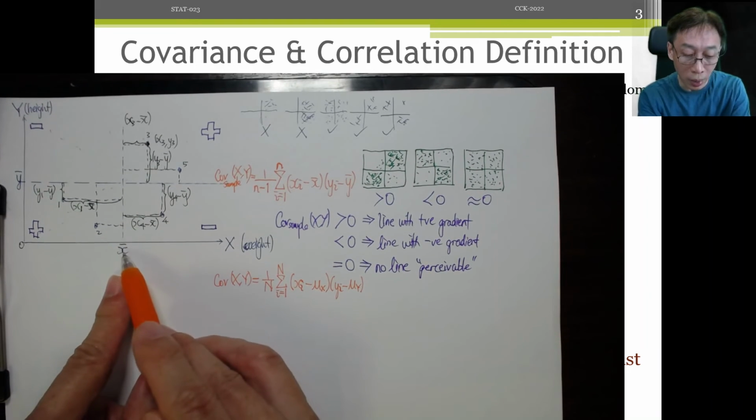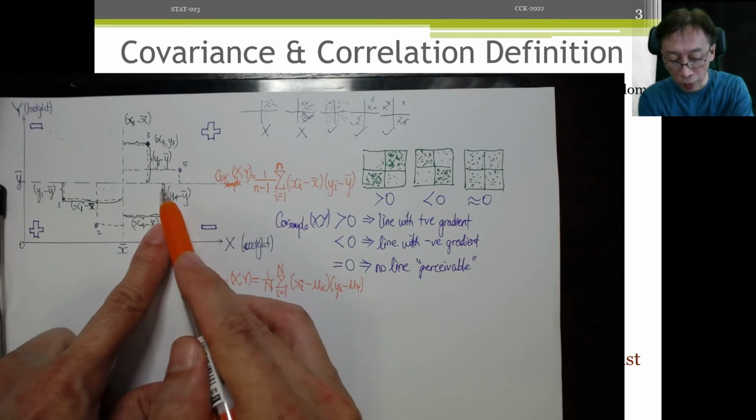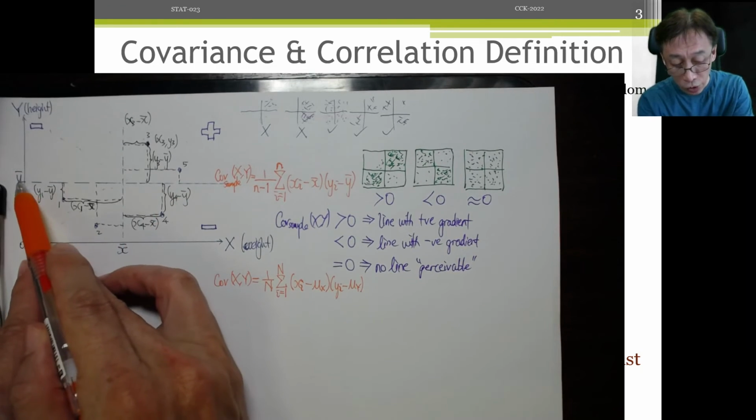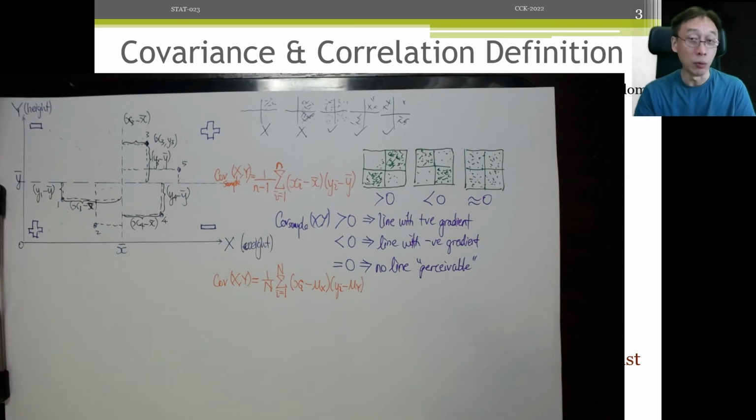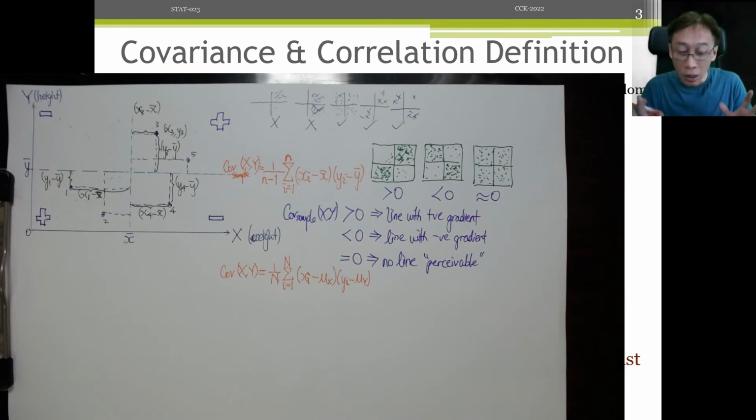You just change this to mu x, and the difference of the y value from the population mean of y, change this to mu y. That would do. So it's just a matter of getting the symbols and the technicalities right. But the essential idea and concept doesn't change. It's still based on averaging out the area.